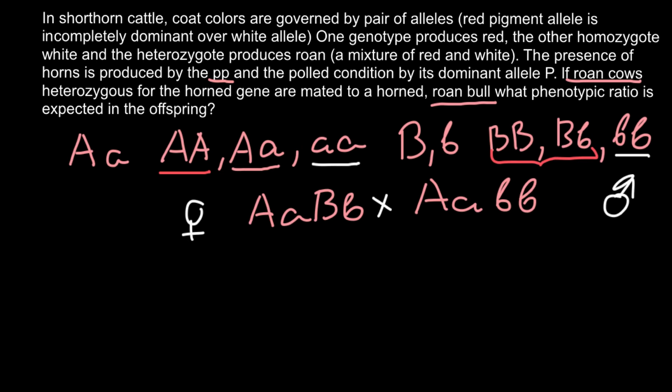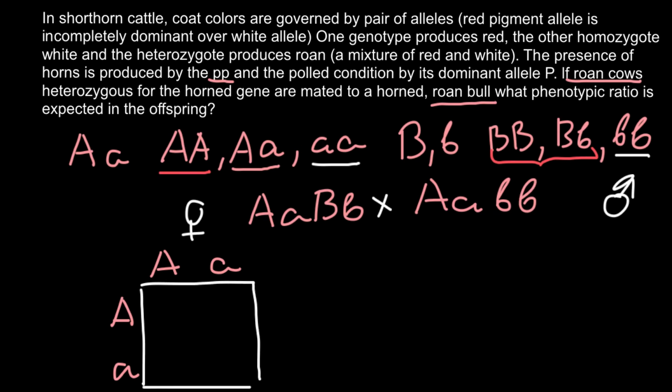We know that both the female and male animals are heterozygous for the color. Both of them are roan. And now let's build a Punnett square and find probabilities of what colors such a mating can produce in their progeny.